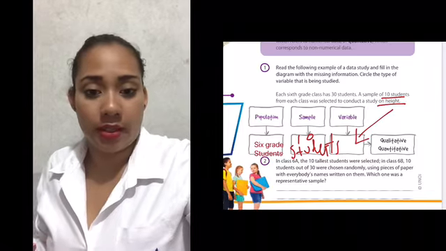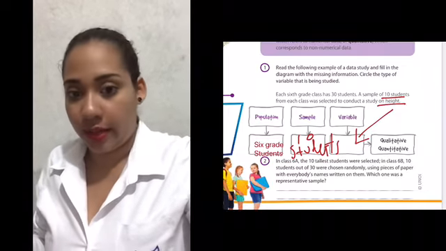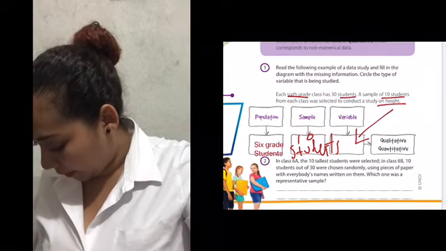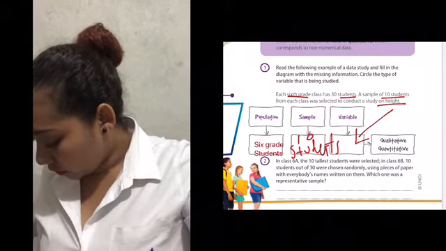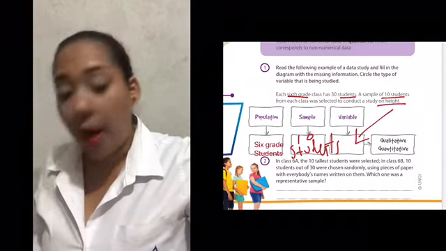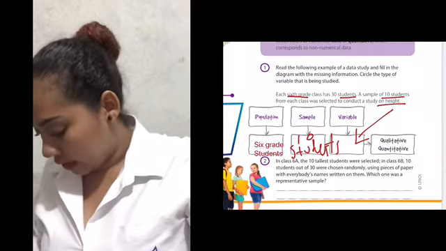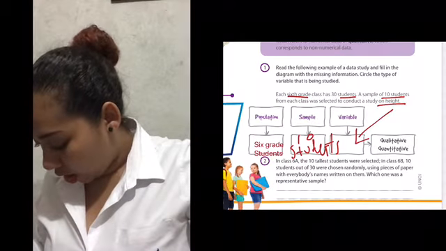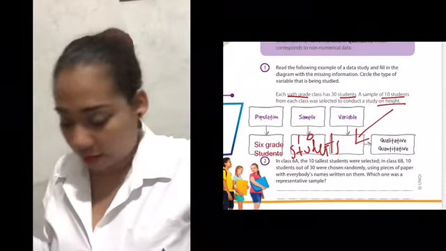Yes, you're right. They're talking about height. So let's try to highlight that part. And well, now the population is 6th grade, the sample 10 students, and the variable is height, and you write that down right there.